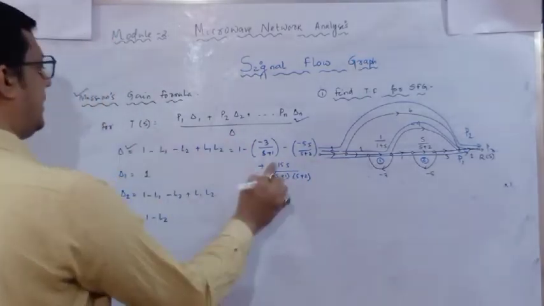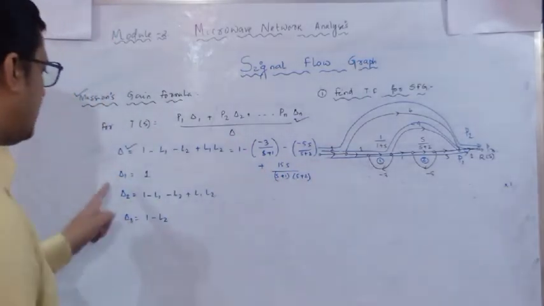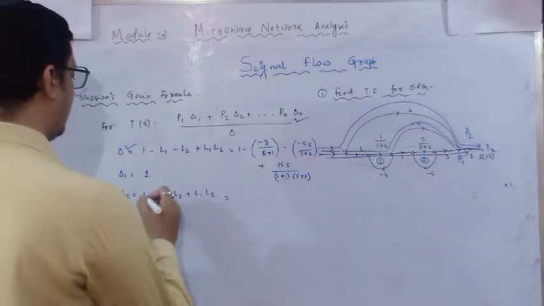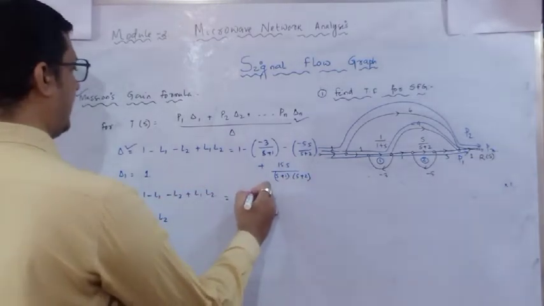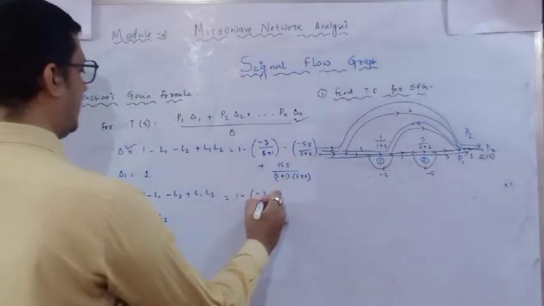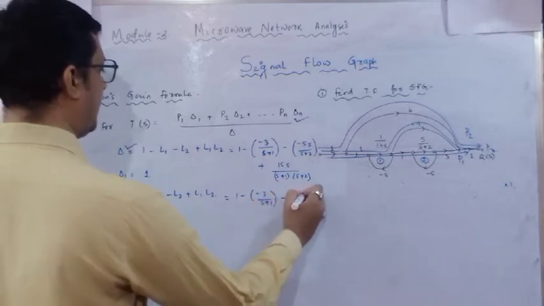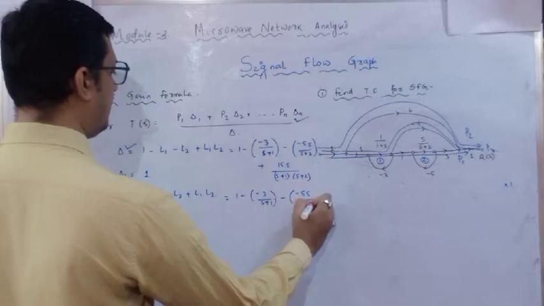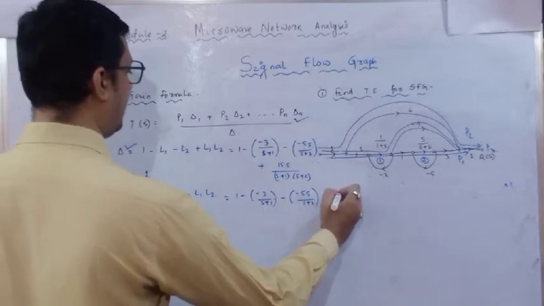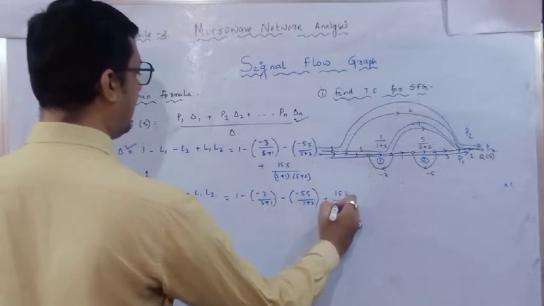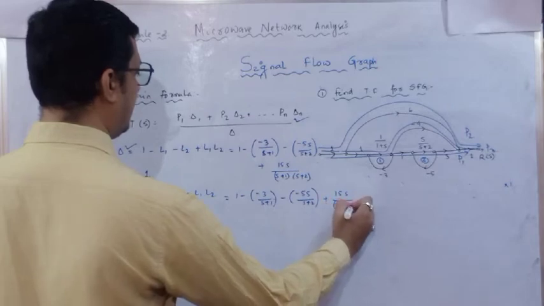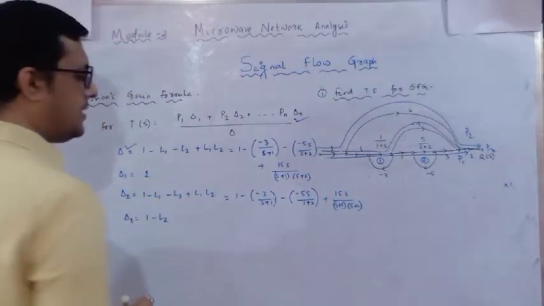So del will be this much. Del 2 is equal to 1 minus 3 divided by s plus 1, then minus of minus 5s divided by s plus 2, and 15s divided by s plus 1 and s plus 2. So this is del 2.